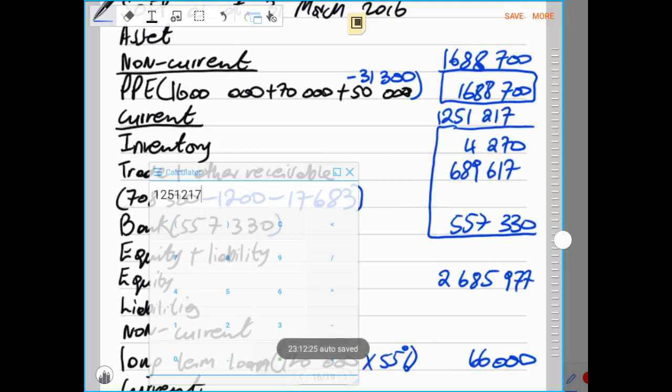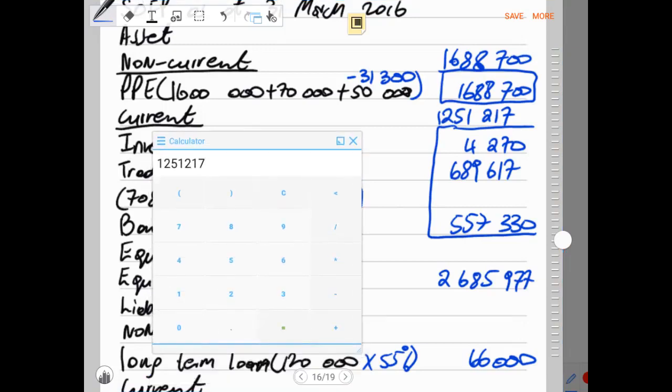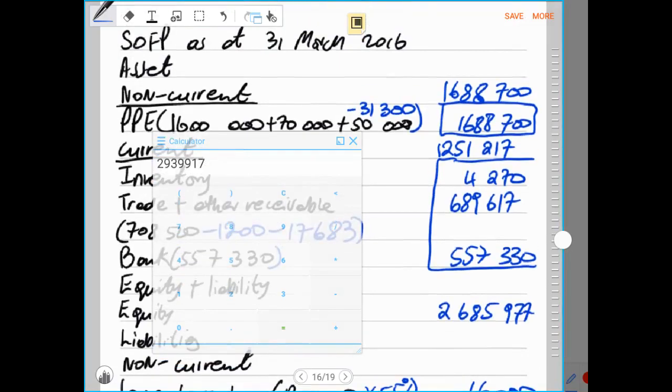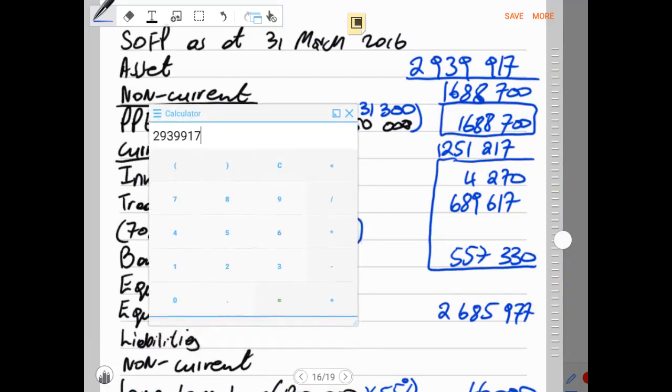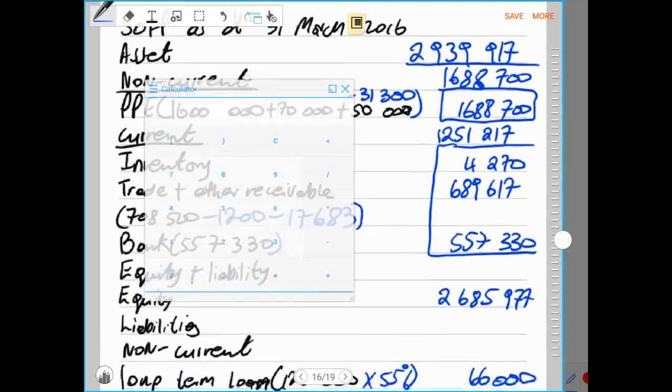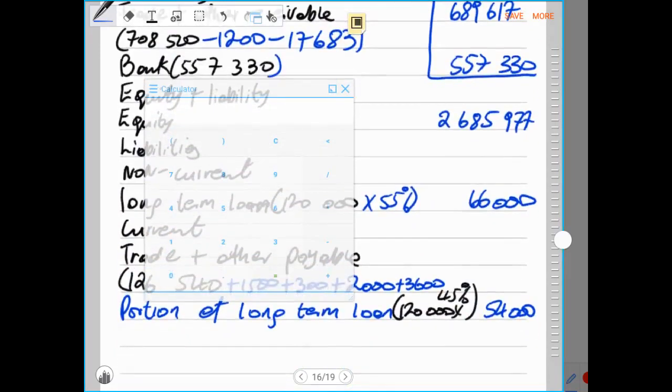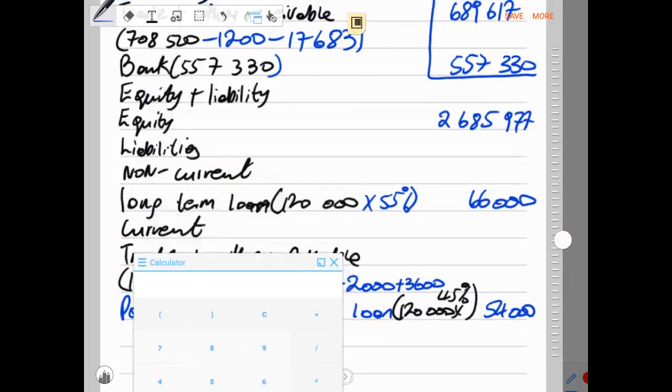Then now we calculate our total assets, which is plus 1,688,700, and our total assets, current and non-current, will give us an amount of 2,939,917 rands. So now that will be our total assets. So now let us check if our equity and liabilities give us the same amount.